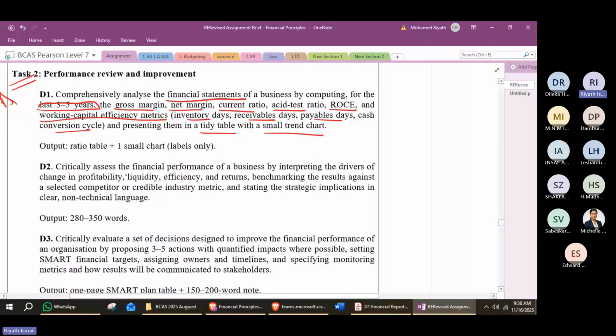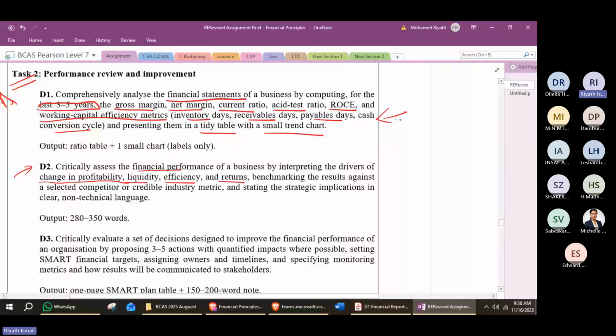And critically assess the financial performance of a business by interpreting the drivers of changes in profitability, liquidity, efficiency, and return. To answer this question, you should know more than merely applying ratio analysis. You can remember the formula and just calculate the ratio, but it only gives you numbers.